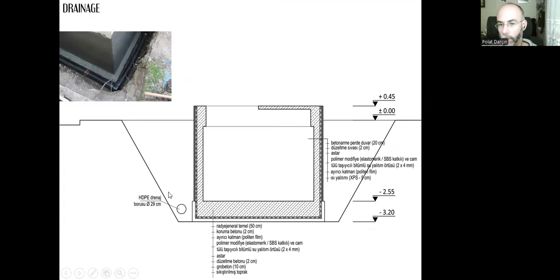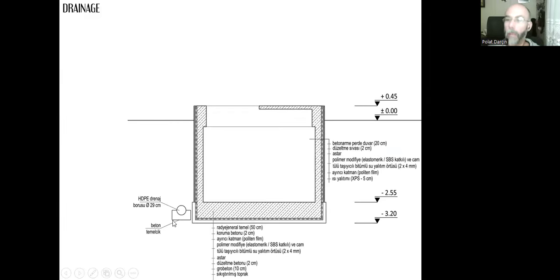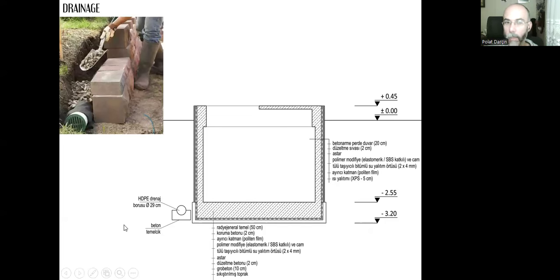But the pipe won't be holding in mid-air like this. So we can place a concrete bed first, and we can apply the pipe over the upper side of the concrete pad, and then we can put the earth back, so it will be buried inside, and all this rainwater can be collected inside this pipe.